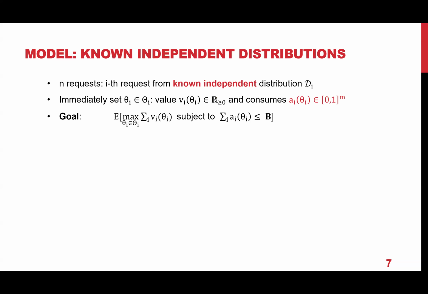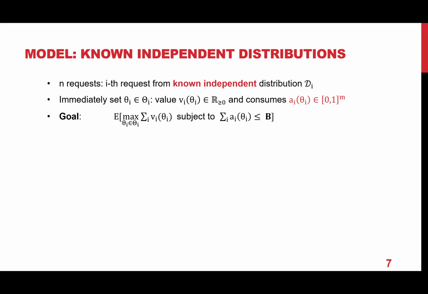Okay, let's make it a bit more formal. So now the model is the following. You have n requests. The ith request comes from some known distribution Di. The assumption is the distributions are, first of all, known, and they are independent. So if you're comfortable, maybe think of the matching setting.